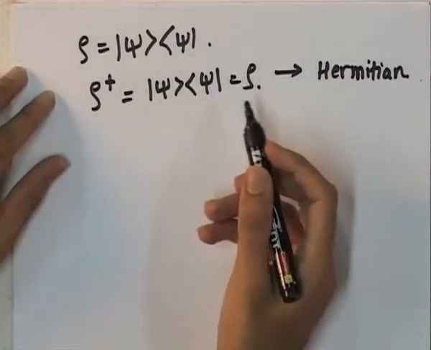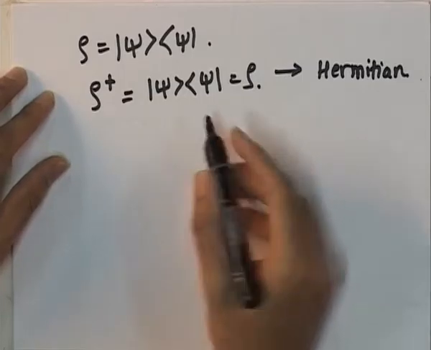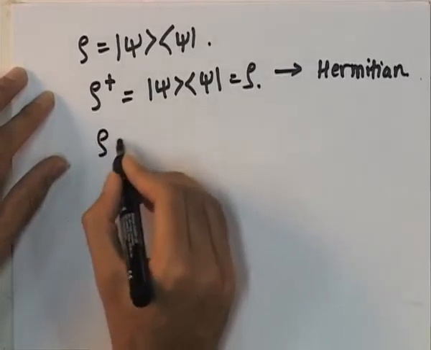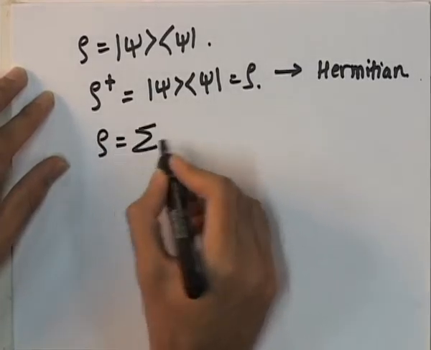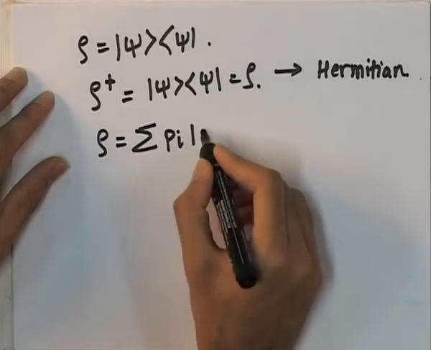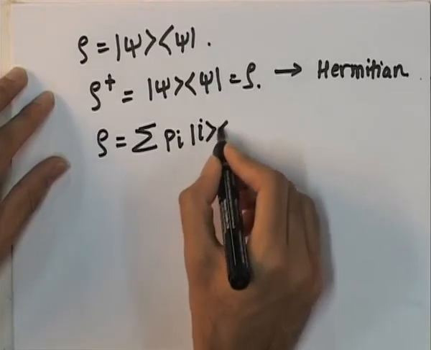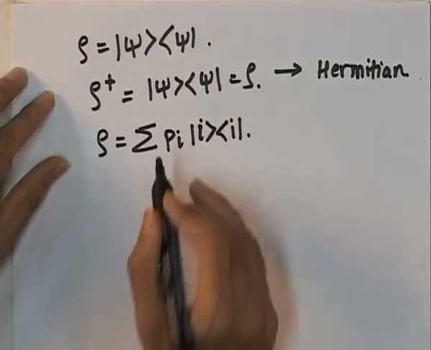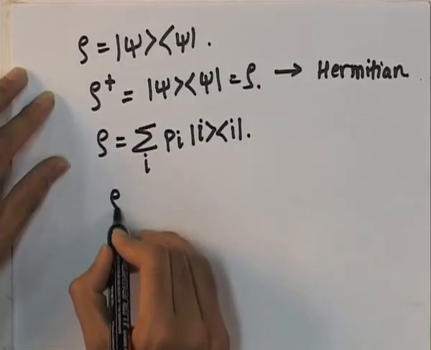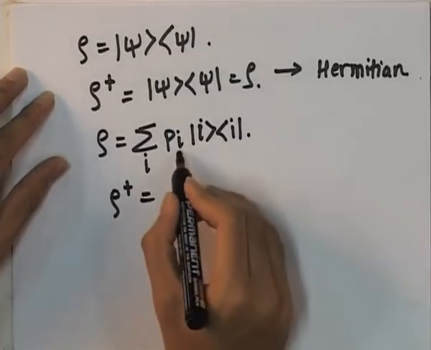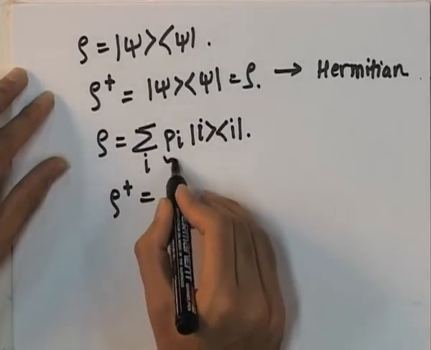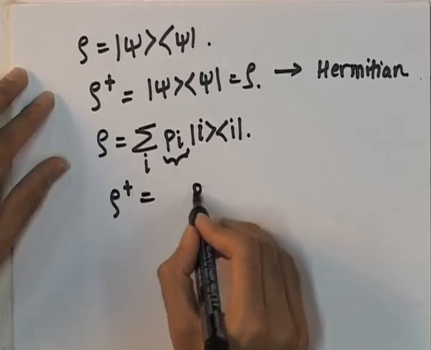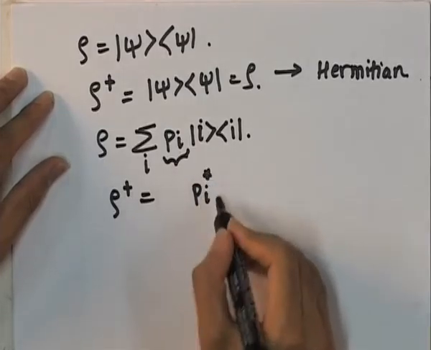It can also be checked for mixed states. So suppose we have a mixed state and we have the density matrix given by this expression. Then again, if we take the dagger of this, since pi is a real quantity, pi star will just be equal to pi.